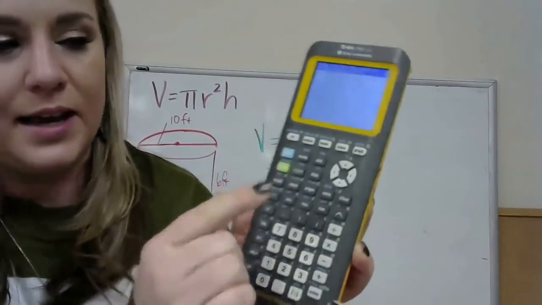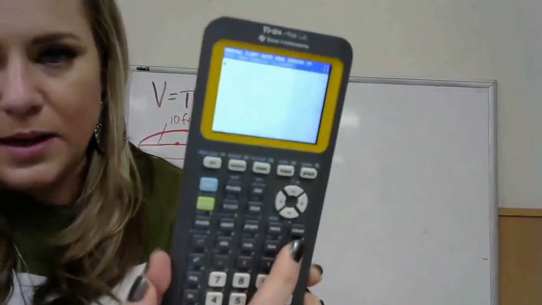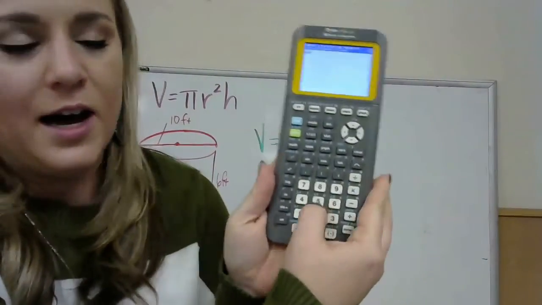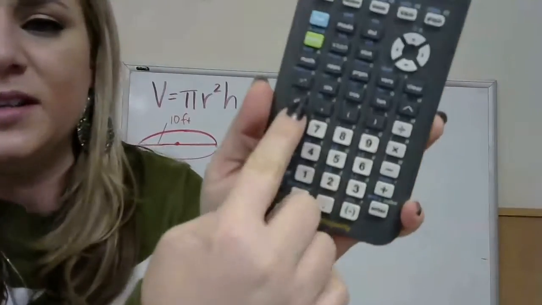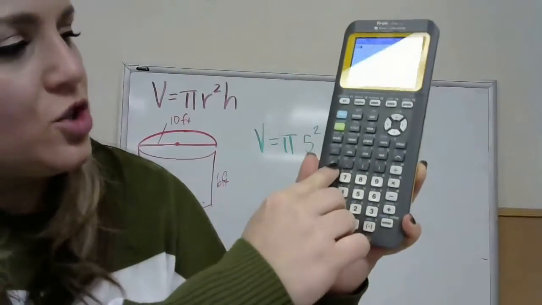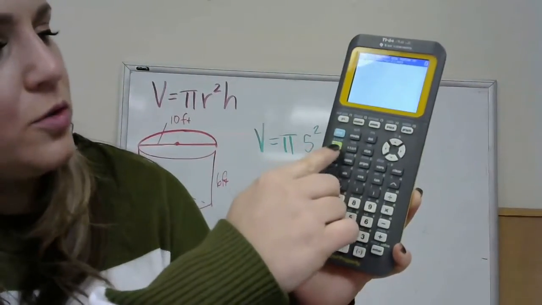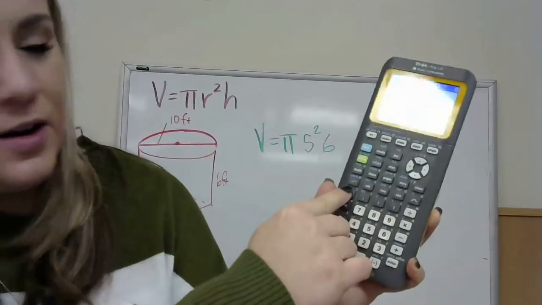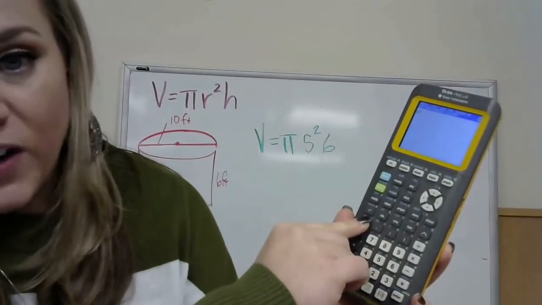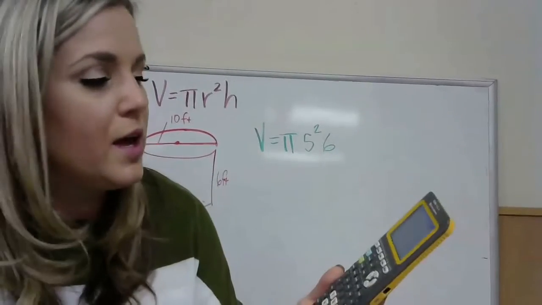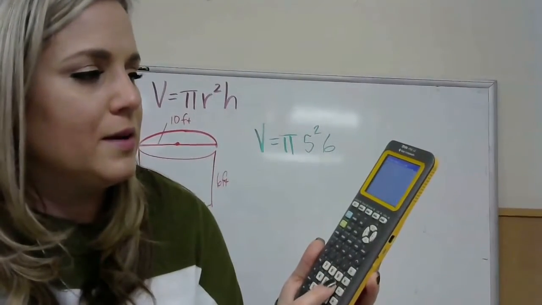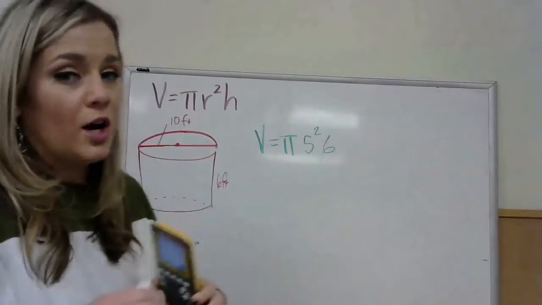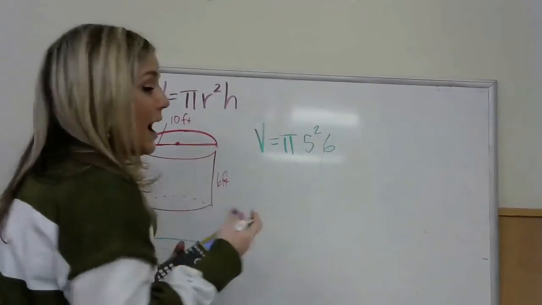You hit the blue second arrow, and it will say pi, times the radius, which is, I'm putting in 5, and then I'm going to do this x squared, the fifth key right here, or you could just do 25 if you knew 5 squared was 25, which I do. Then I'm going to put 6, push enter, and I got a long number.